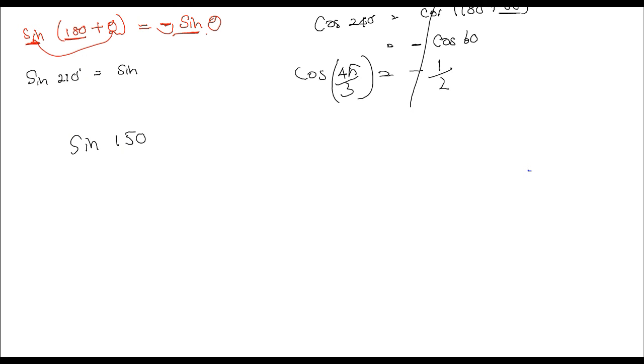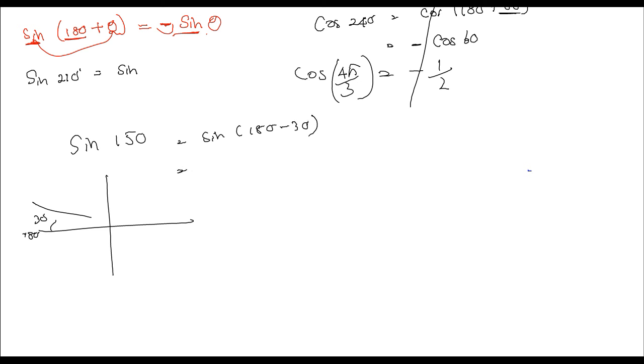The first way, as you found before, is sine(180 minus 30). Sine is positive because it's in the first sine quadrant, so sine 30, and that's plus half. That's the right answer.